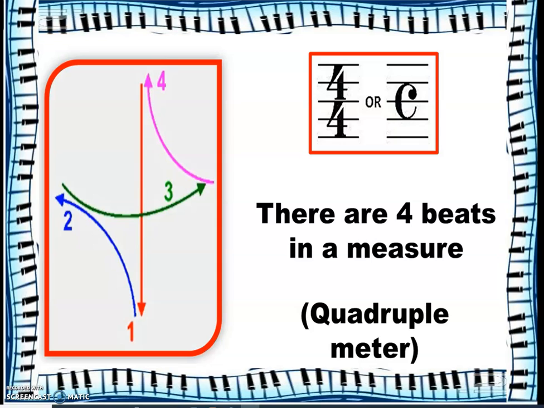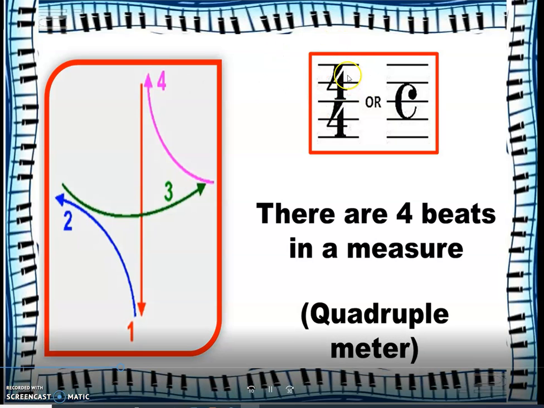Now, let's go to 4-4, or common time signature. What is the top number here? The top number here is 4. And what is the meaning of 4? There are 4 beats in a measure. It is quadruple meter.